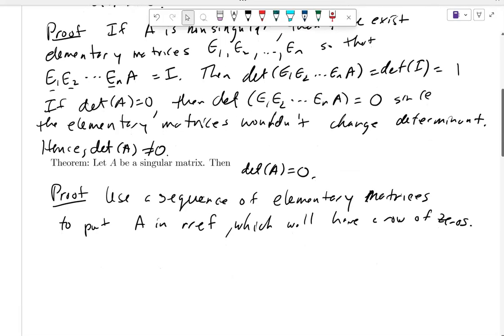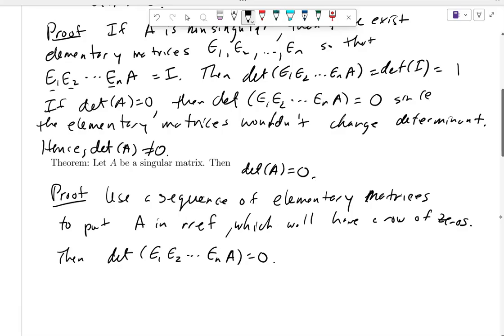So now let's think about what has to happen. We just said a minute ago that at that point, the determinant will have to be 0. If we get our reduced row echelon form down to a row of zeros, that matrix has to have determinant 0. So if I use this sequence with my E1 out to En to put A in reduced row echelon form, and I get a row of zeros, the determinant has to be 0.